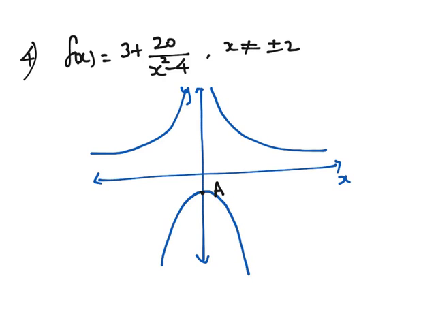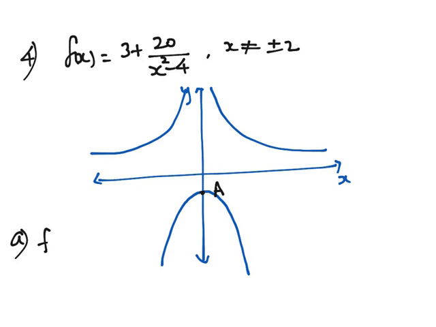Okay, this is the fourth problem, students. You can see the function is given, 3 plus 20 divided by x squared minus 4, a rational function. Now the point A, as you can see, is the y-intercept. So they're asking you to find the coordinates of A. To find the y-intercept, you need to substitute x as 0.